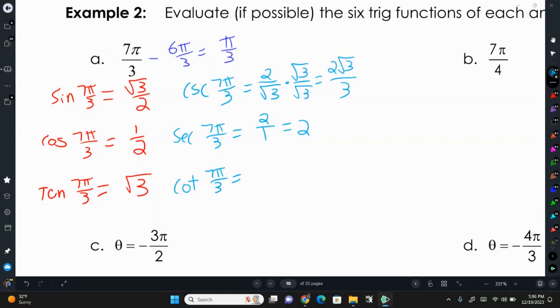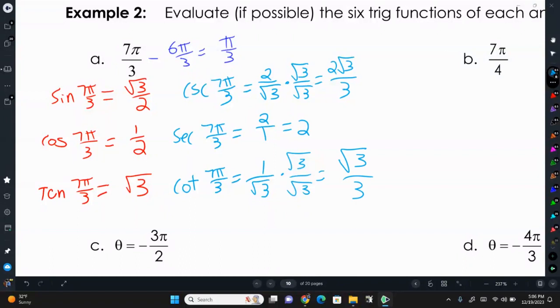We could do cosine over sine. Either way will get you the answer. I'm just going to do 1 over tangent, because our tangent is just a single thing. So 1 over the square root of 3. Multiply the top and bottom by the square root of 3 over the square root of 3. So we get the square root of 3 over 3.